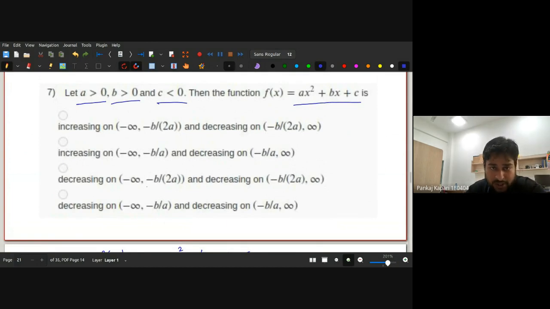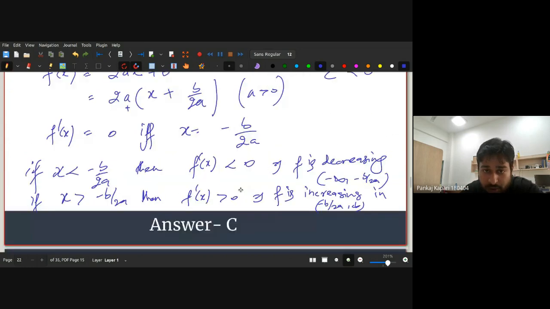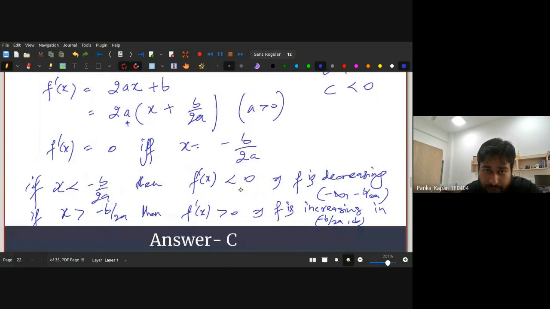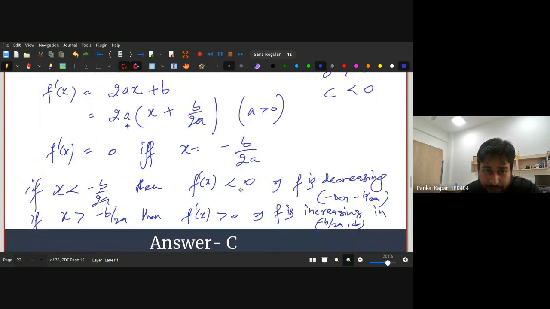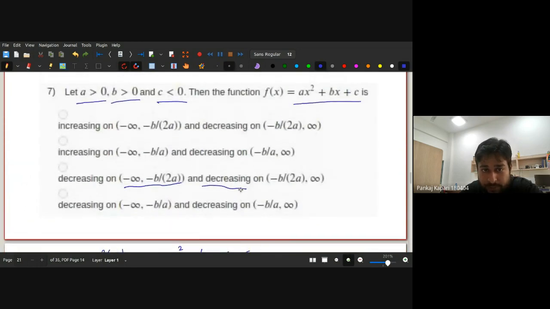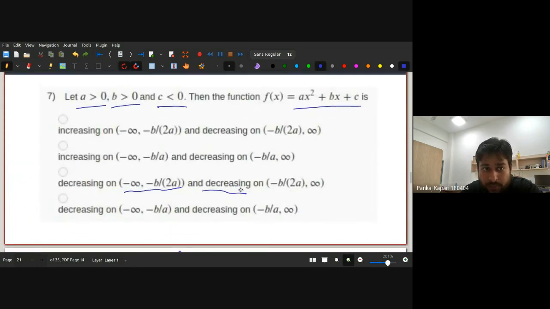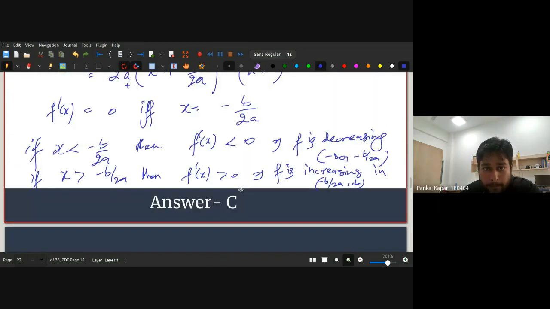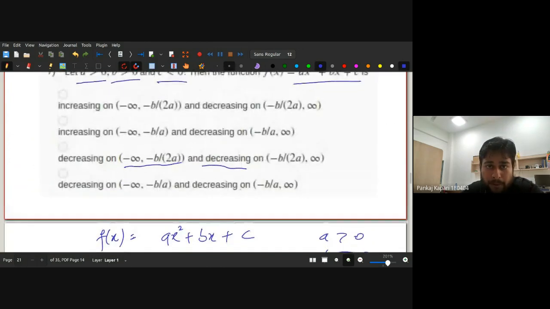Initially, it was decreasing in minus infinity comma minus b over 2a. So you can see that this is wrong.